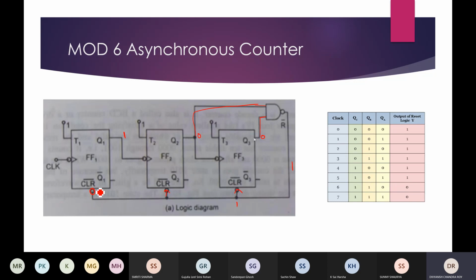This bubble means that when the clear input is 1, meaning it is high, then it is going to reset, clear it.